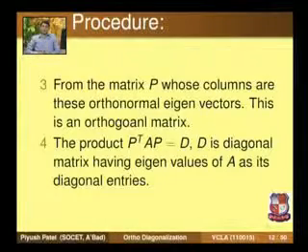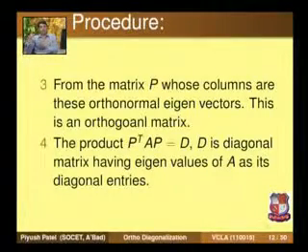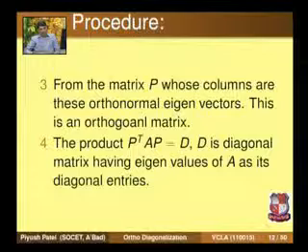From these, we form the matrix P whose columns are the orthonormal eigenvectors obtained via the Gram-Schmidt orthogonalization process. Now the product P transpose AP will be the diagonal matrix, with the eigenvalues on the main diagonal.